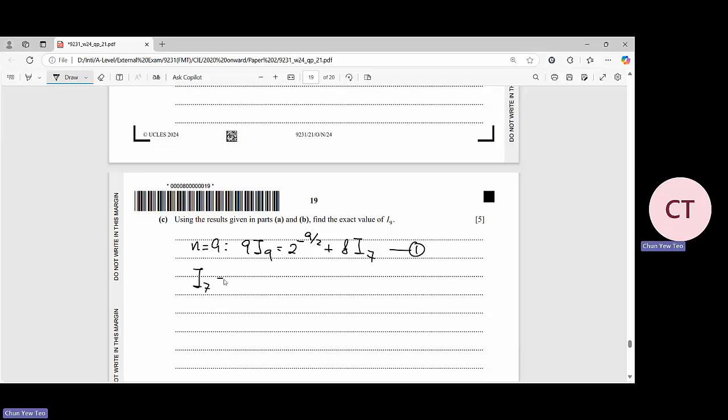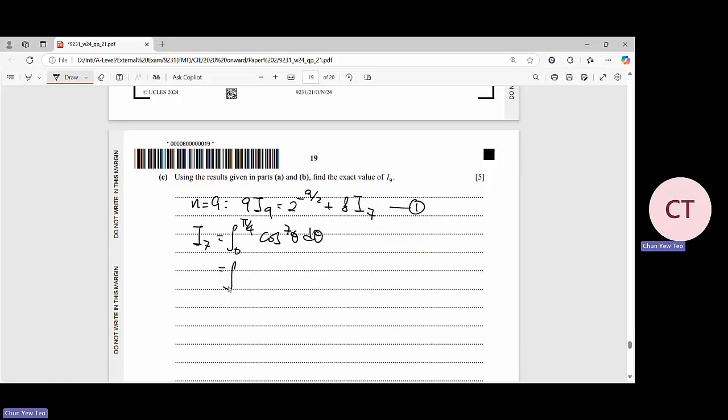Then I_7 is actually equal to the integral from 0 to π over 4 of cos^7θ dθ. But just now in part A, we already found the relationship: cos^7θ can be written as 1 over 64 cos 7θ plus 7 over 64 cos 5θ plus 21 over 64 cos 3θ plus 35 over 64 cos θ.